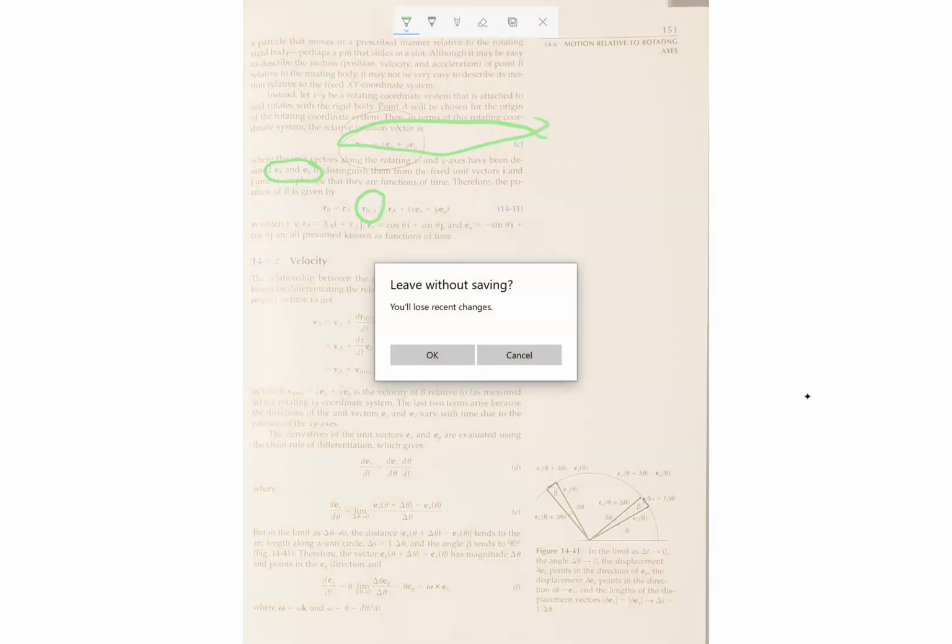If we go back to the previous page, these directions here are the e_x and e_y vectors. They are the rotating axis that is relative to the fixed axis. So that is giving us a slightly different B relative to A term.